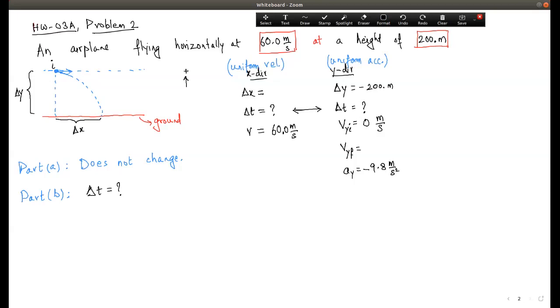We already know we have isolated the y direction separately. We see that there are 3 pieces of information given to us, so we can calculate delta t. We just have to look for the missing variable, and that gives us the equation to use.